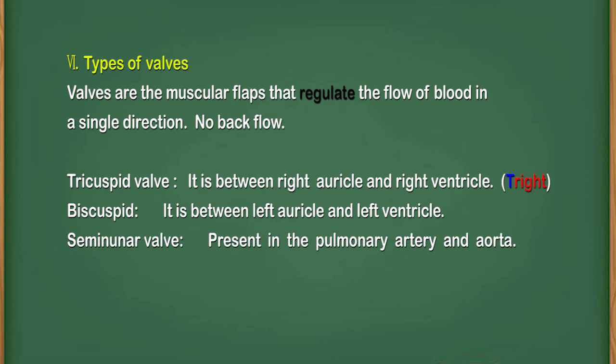So tricuspid valve is present between right auricle and right ventricle. Okay, remember that. Then bicuspid is between left auricle and left ventricle. Then semilunar valve is present in the pulmonary artery and aorta.